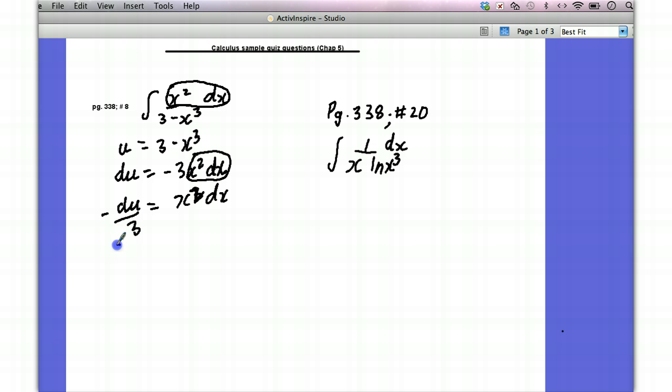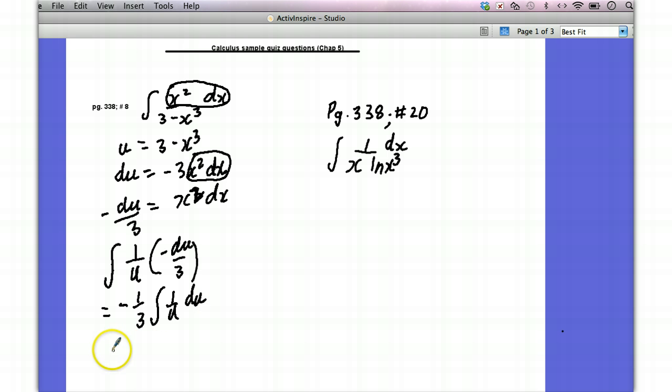So here comes the complete substitution now. 1 over u, and I'm sure you know what that integral is. And for x squared dx, we will put negative du over 3. And here we're going to make it very, very simple by keeping the constant on the outside and doing the integral of 1 over u du.